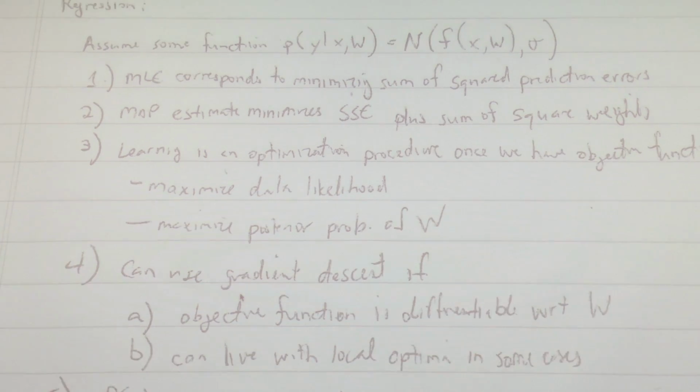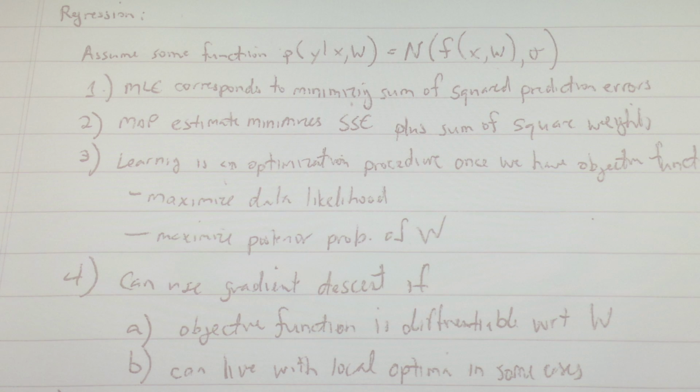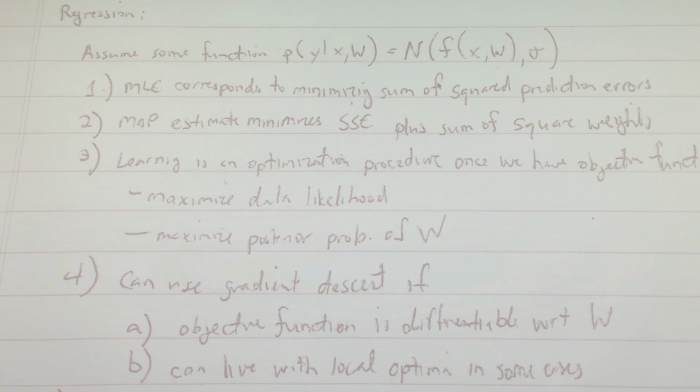Okay, summary for regression, in the interest of expediency. This is our assumption for linear regression. MLE corresponds to minimizing the sum of squares of the prediction errors for this particular case. The MAP estimate minimizes the sum of squared errors plus the sum of squared weights, so that's the case where we're trying to minimize the magnitude of the weight vector.